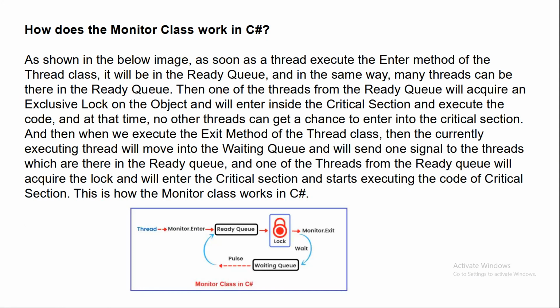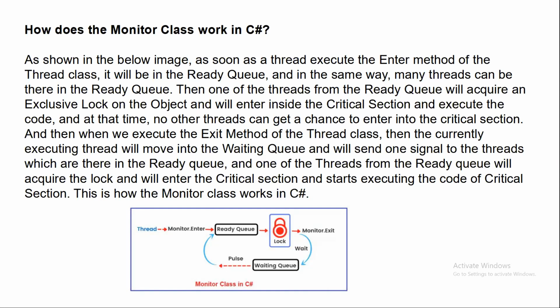So monitor.enter is the method to start your threads. If you issue monitor.enter for more than one thread, all will be in the ready queue, but only one thread will gain access and get the lock, and that thread will execute the critical piece of code.